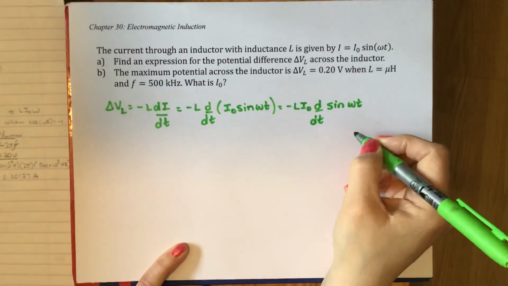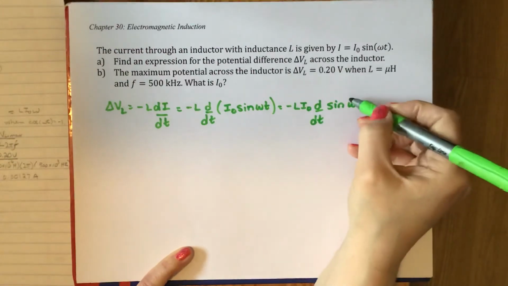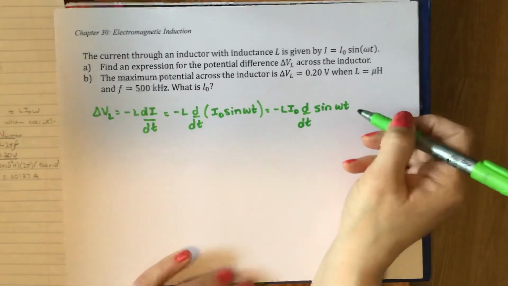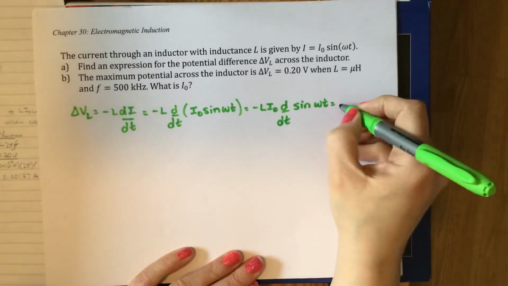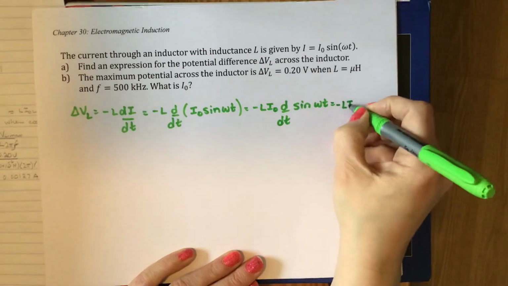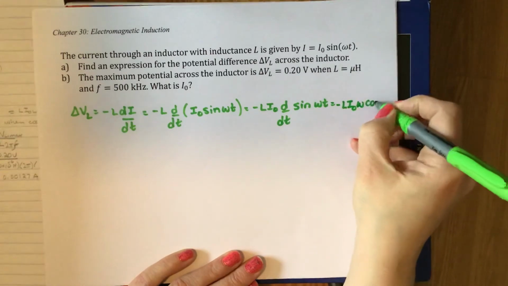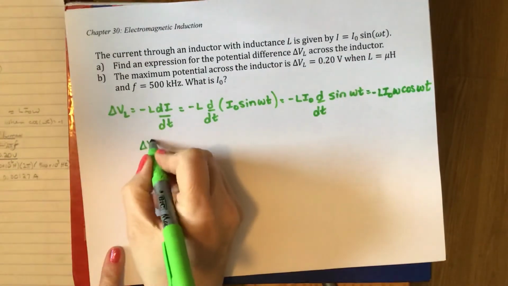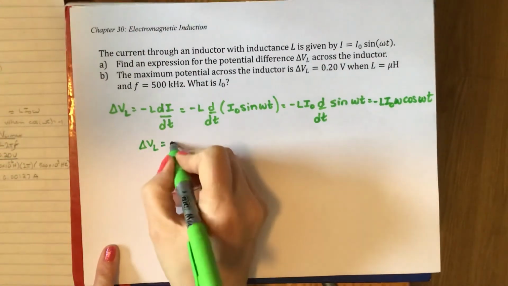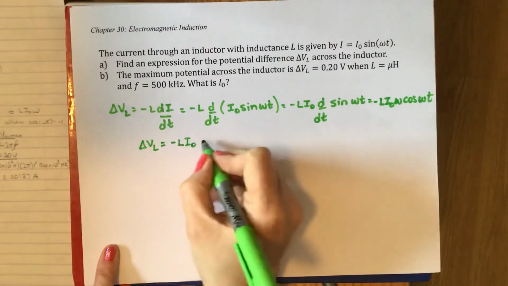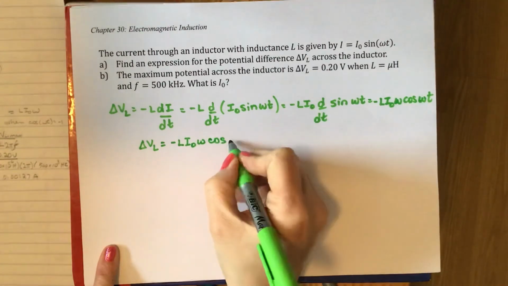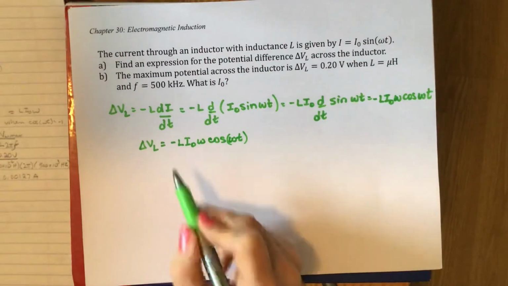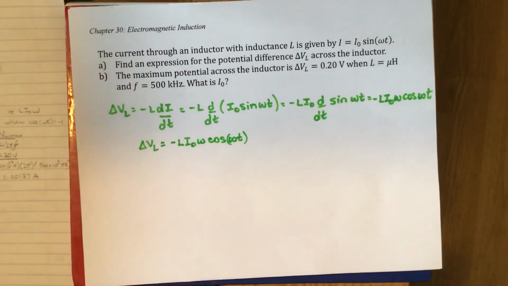The derivative of sine is cosine, and then we have to do the chain rule and multiply by the derivative of omega t, which is just omega. So that's going to give us minus L times I0 times omega times cosine omega t. So there's the expression for the potential across that inductor. And the minus sign tells us that the potential decreases in the direction of the current.